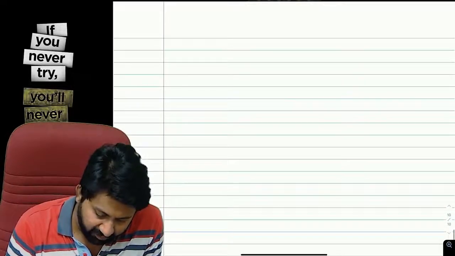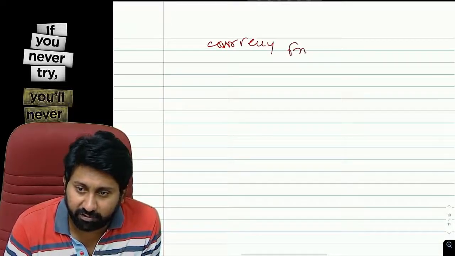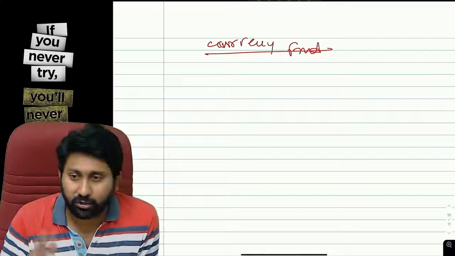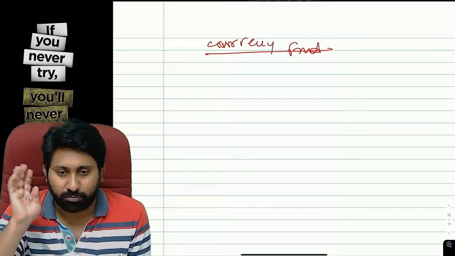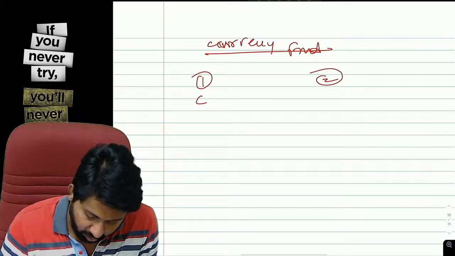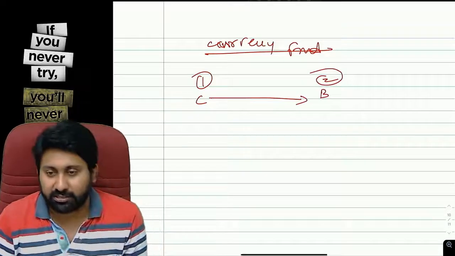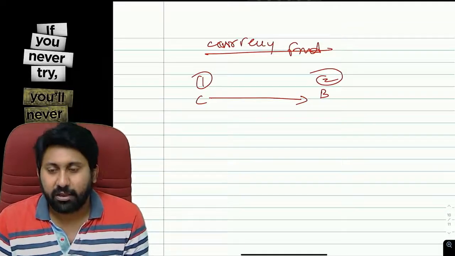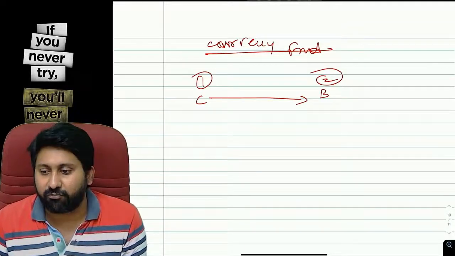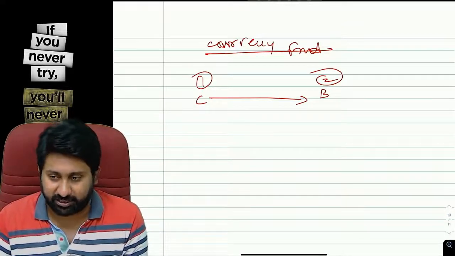In a currency forward market, there are two persons. Number 1, customer. Number 2, banker. Customer will go to the banker. First, we need to understand to what extent the currency market and options market differ from each other.